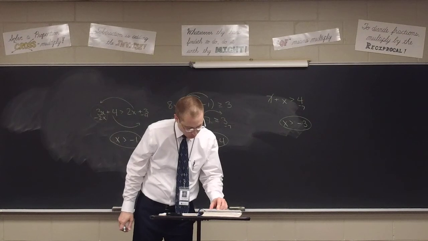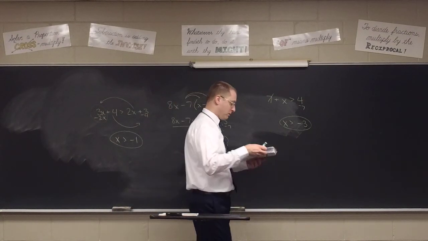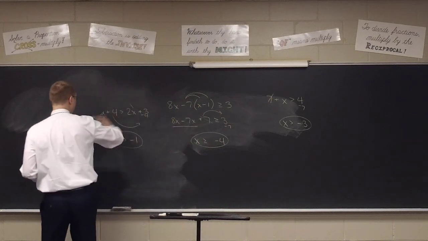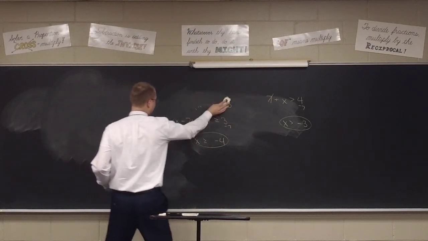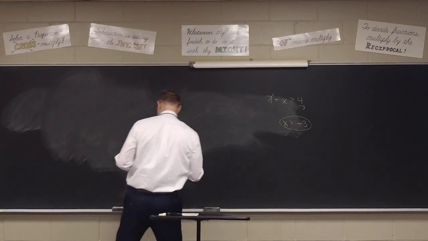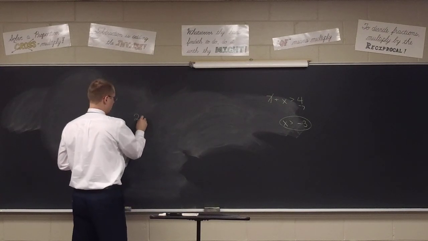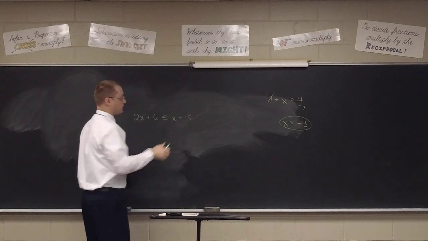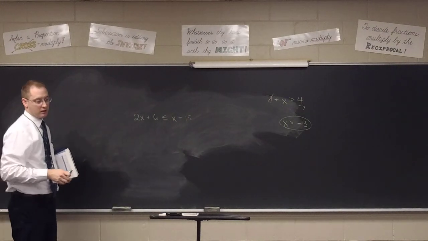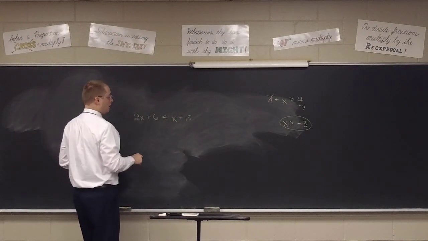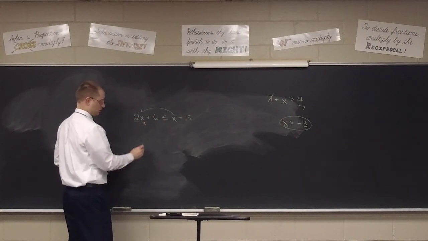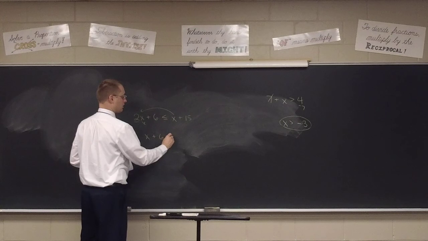Look at number 14. Number 14, what do we need to do first on this one, Noah? Distribute. And what do we get when we distribute on the right or on the left-hand side? 2x plus 6. Good. So we have a 2x plus 6 is less than or equal to x positive 15. Then what do we need to do, Brecken? There we go.